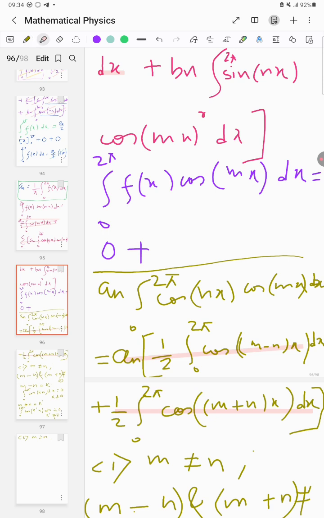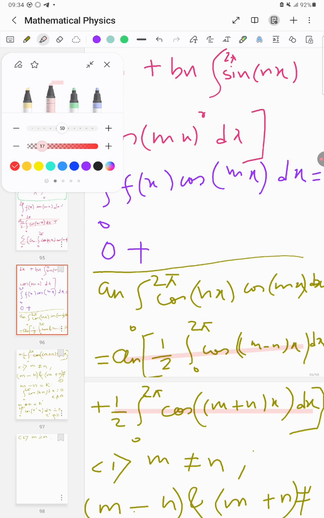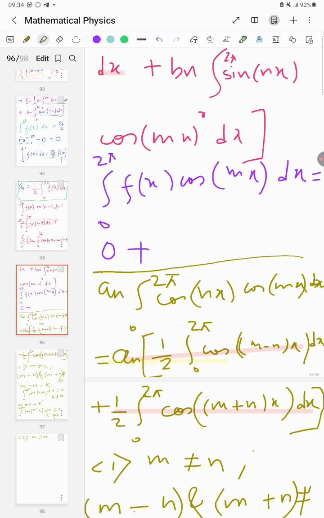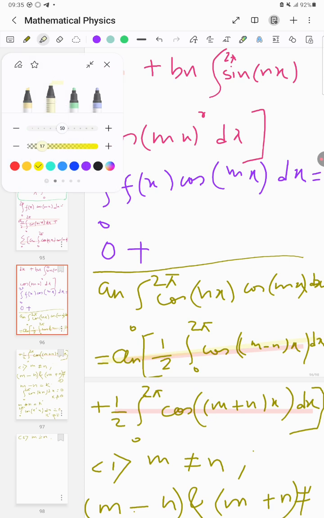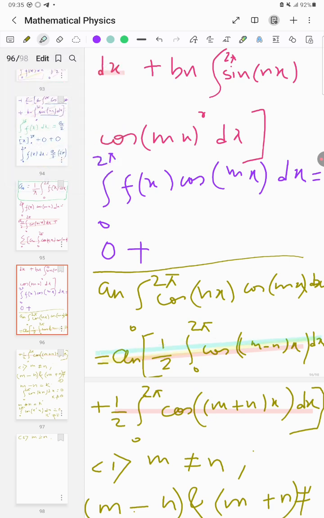I'll highlight it once again, with blue since yellow is too faint. This was our original integration. We had used an identity and broken it into two parts, term 1 and term 2, so that it becomes easy for calculation. Just to make our calculation easier, we are using identities here.